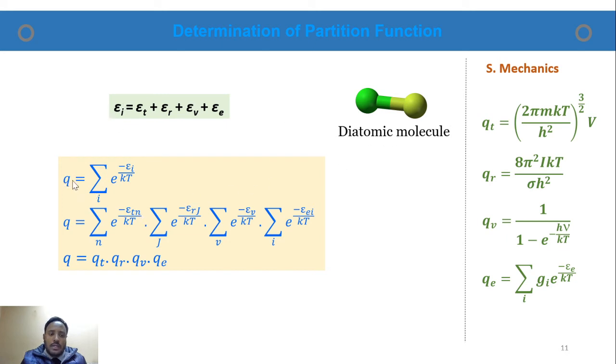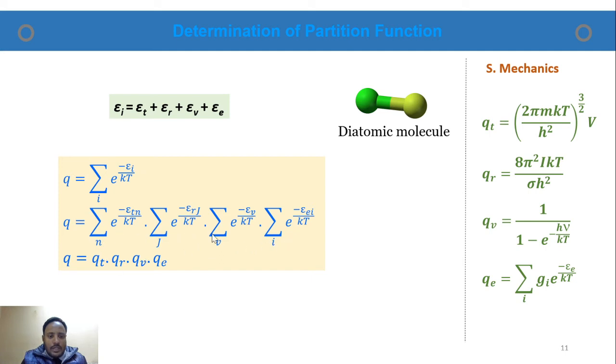So what will be the partition function Q for the diatomic molecule? It will be equal to the summation of e to the power minus Ei divided by kT. This sum can be expanded by replacing Ei by the sum of ET, ER, EV, EE. So what we will have is a product of the various exponential factors inside the summation.